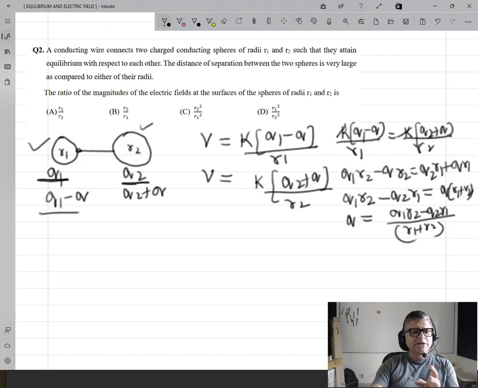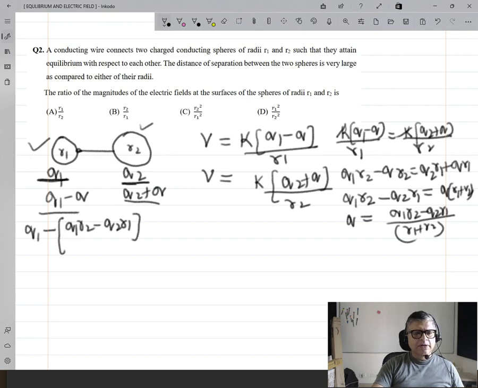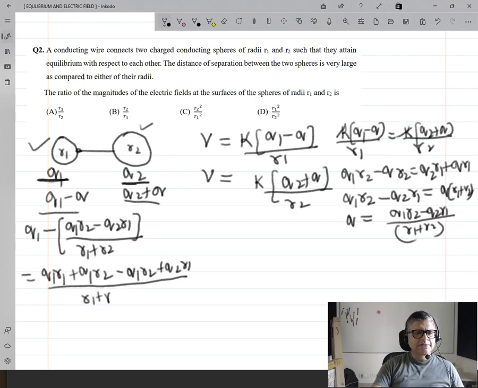So let's calculate the new charges. The new charge on the first shell is Q1 minus (Q1R2 minus Q2R1) upon (R1 plus R2). This gives (Q1R1 plus Q1R2 minus Q1R2 plus Q2R1) divided by (R1 plus R2).